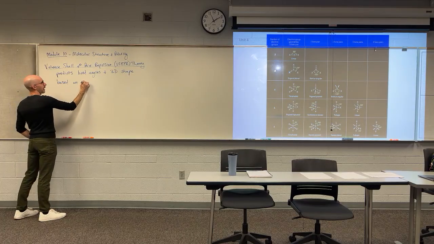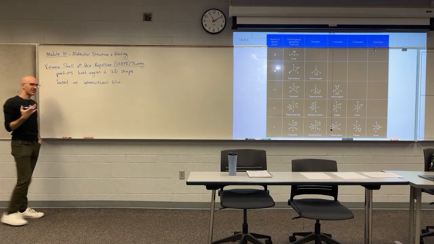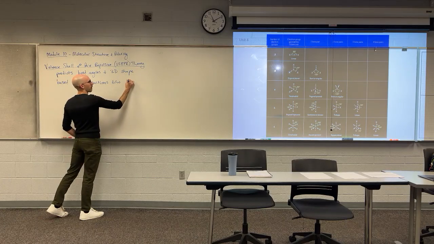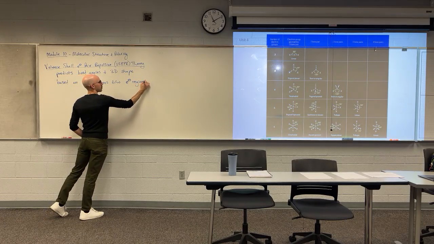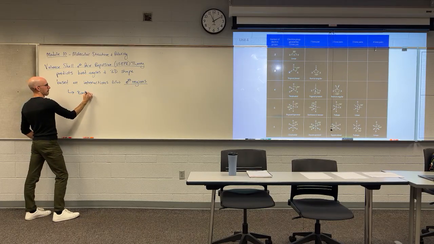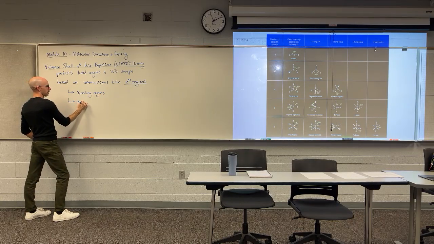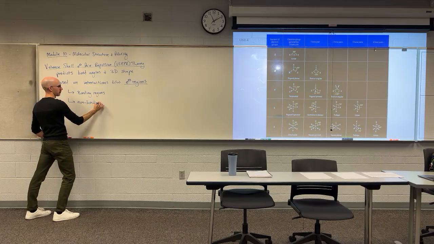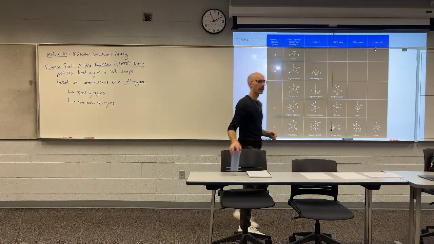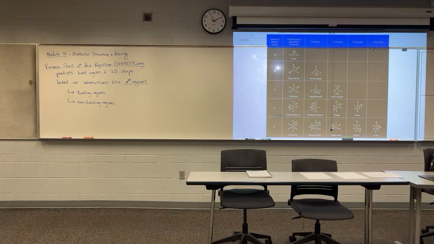This is based on interactions between two types of things. We call them electron regions: bonding regions and non-bonding regions. We're going to look at how bonding regions interact with each other and how non-bonding regions interact with each other.